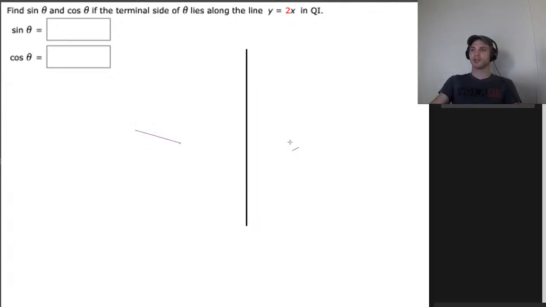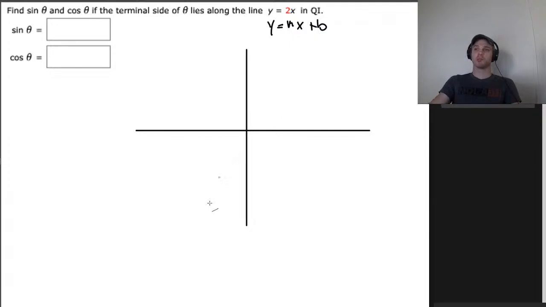That's a big part of this. This is in slope-intercept form, y equals mx plus b. You can see that 2 is multiplied by x, so that's the slope. So the slope is 2, and b is the intercept. There is no b, which means b is 0.